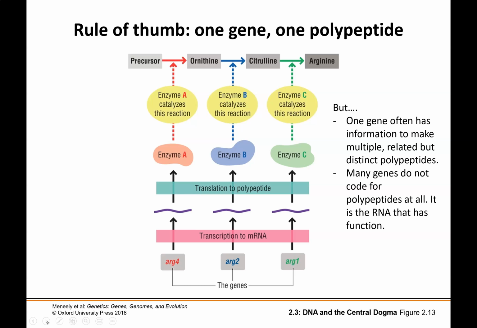So essentially, if you have one gene, you're going to get one single polypeptide or one single protein that has a job within the organism.